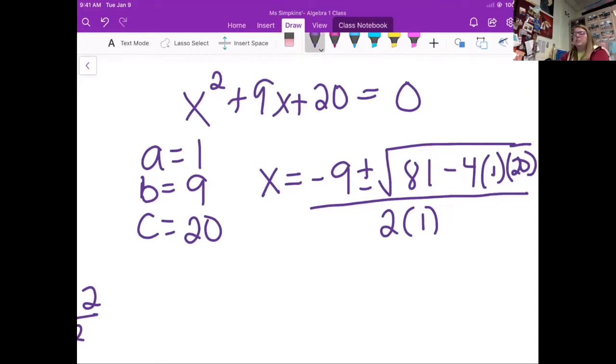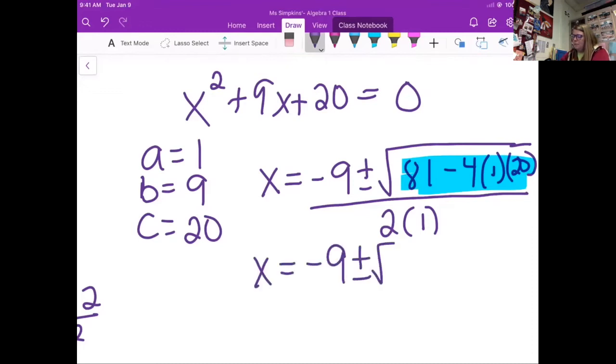Okay, so the first thing we do is simplify what's inside that square root. I'm going to let everybody simplify it.